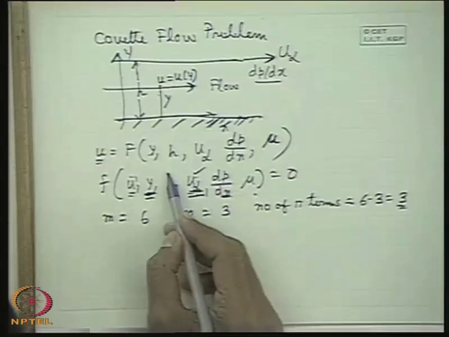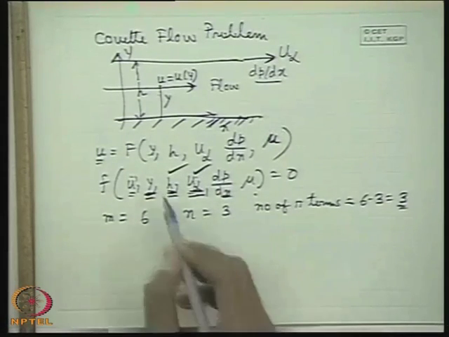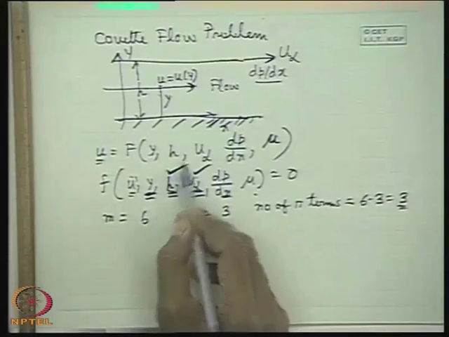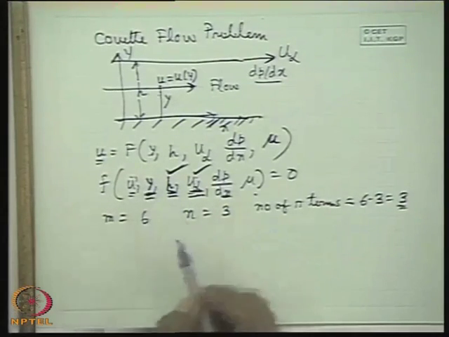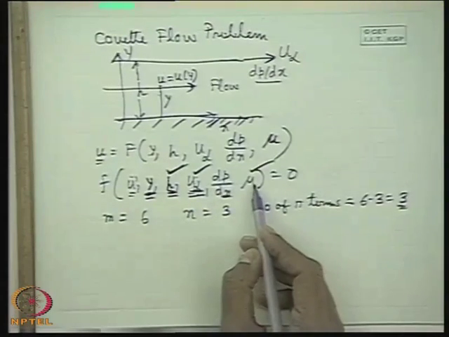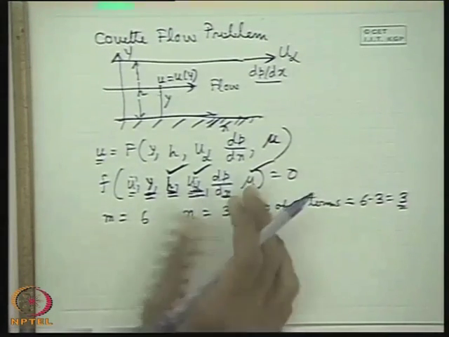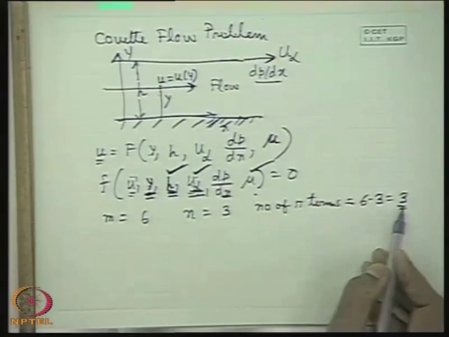So u infinity you take, and h. So one with the flow characteristics, another with the geometric characteristics, that better take h because y is a variable distance, a variable dimension should not be taken, that way h, and another with the fluid property, here rho is not there, mu. So if you take these 3, then remaining other 3. So these 3 will define the 3 pi terms.